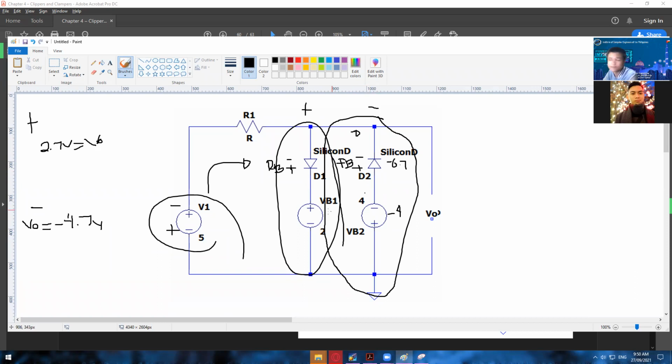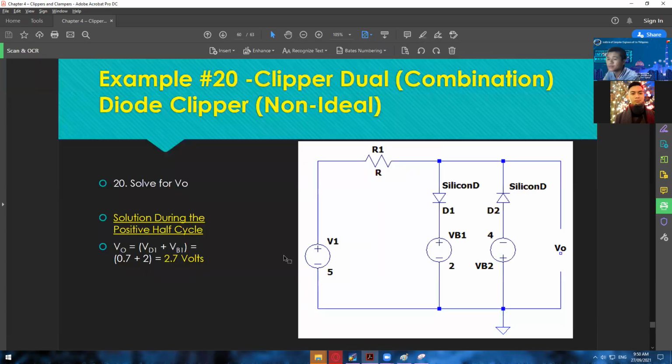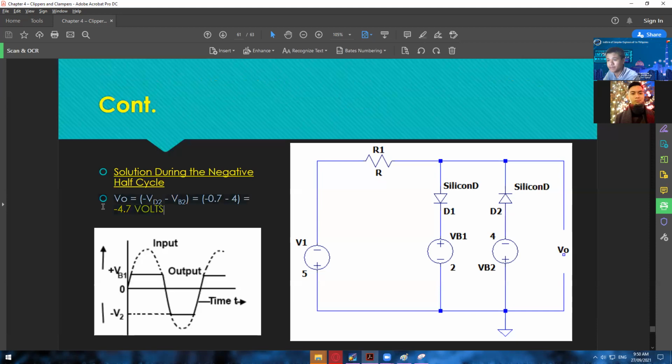So 2 volts and 0.7, and 4 volts and 0.7. Even though this one is 500 volts, it doesn't matter. This one is still 2.7 volts, and this one is still negative 4.7 volts. During the positive, we have 2.7. During the negative, we have negative 4.7.